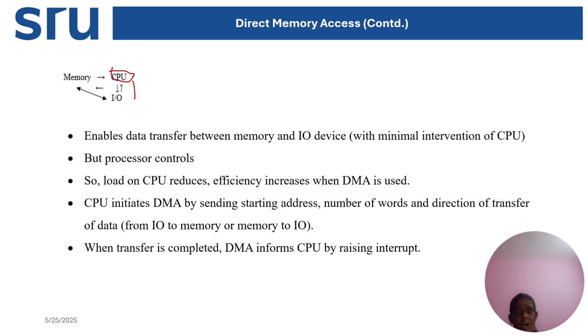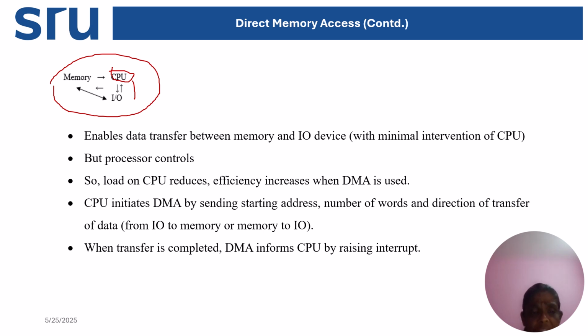So the CPU starts and goes out from that scene. Bypassing the CPU, the data will be transferred from memory to IO or IO to memory, both ways possible. So this is the main small diagram showing the relationship of the operation done by the DMA.